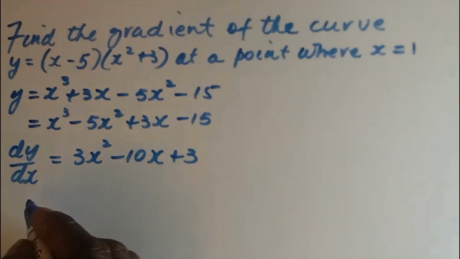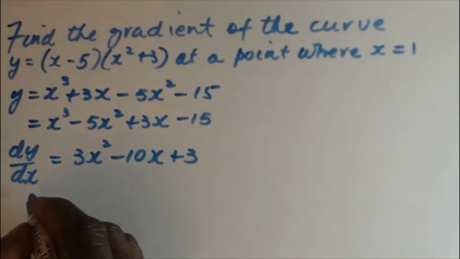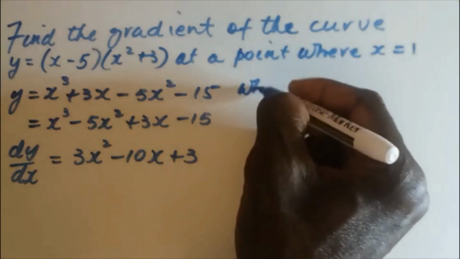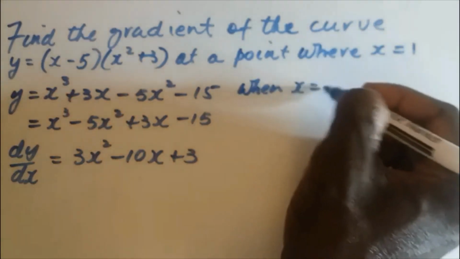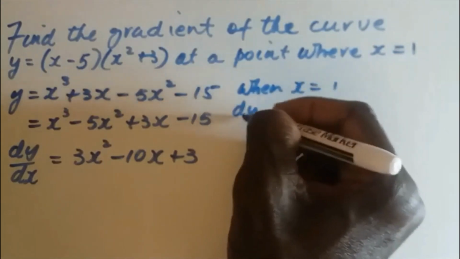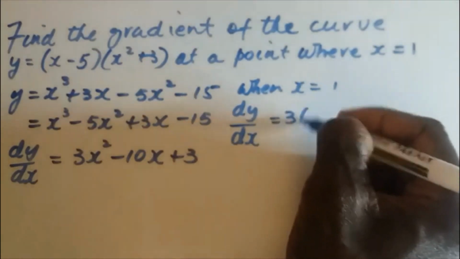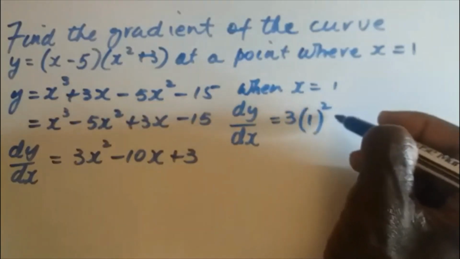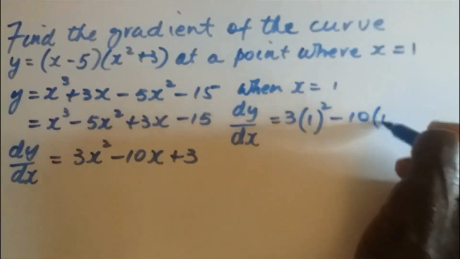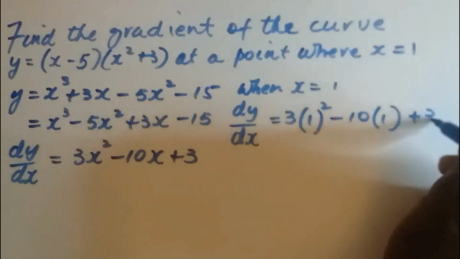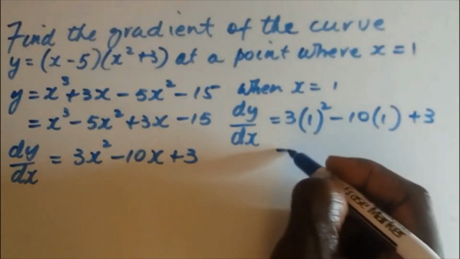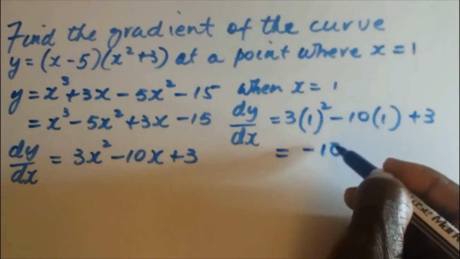So when x is equal to 1, dy dx is equal to 3 into 1 squared minus 10 times 1 add 3, which gives us negative 10.